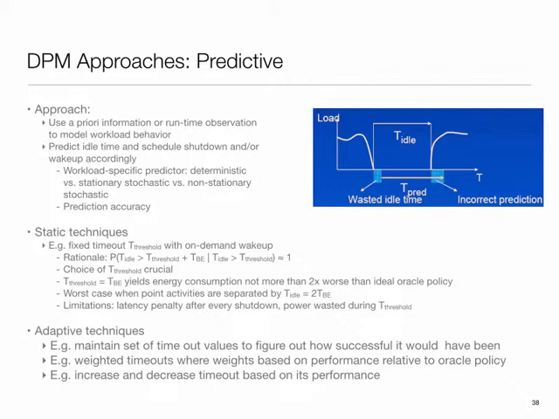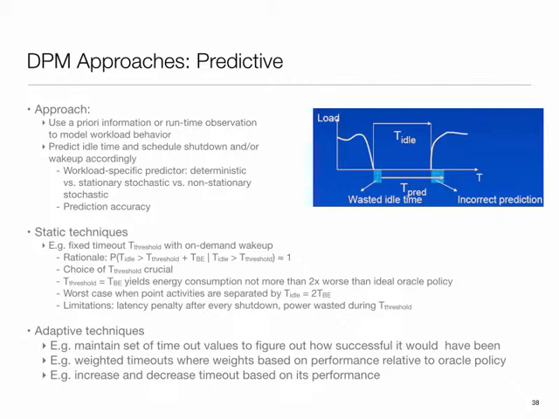Okay. Another type is you set a timeout policy, and if it turns out that the user wakes you up too early, then you know that your threshold was set too optimistically, in which case you should increase it, and the other way around. So you do some sort of an adaptation of the threshold.